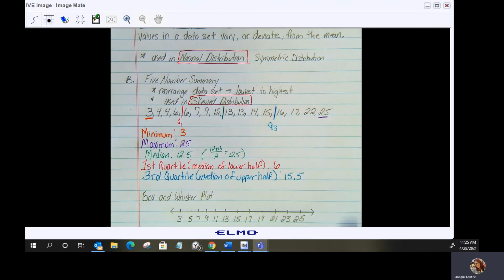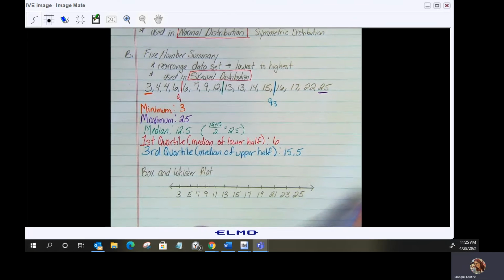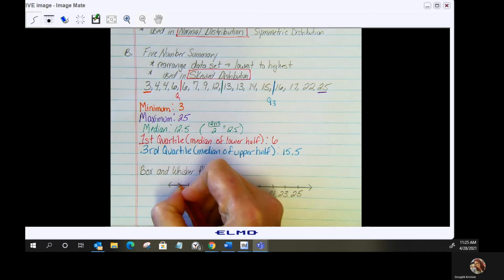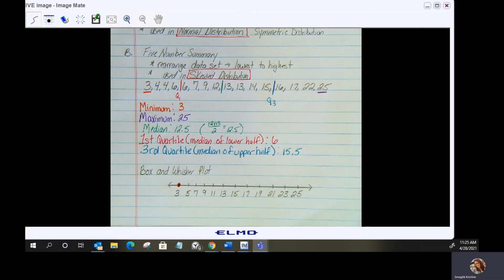So now what we can do is the old box and whisker plot. We're going to draw a number line. I started at my minimum and ended at my maximum. I spaced these out and scaled it by 2s. So let's start dropping our data in. We have a minimum of 3. I have a maximum of 25.